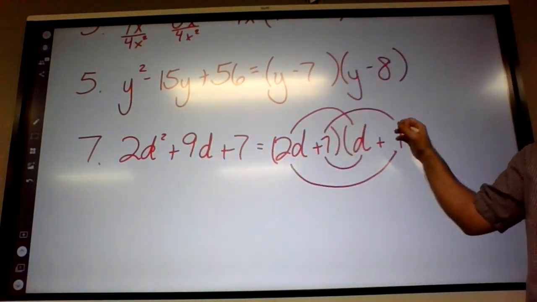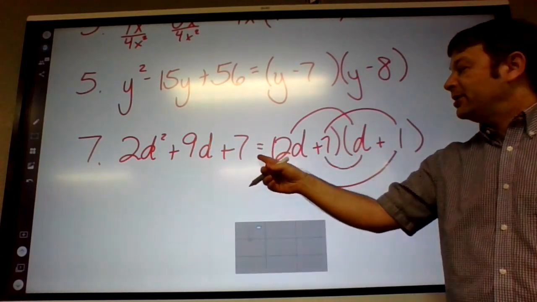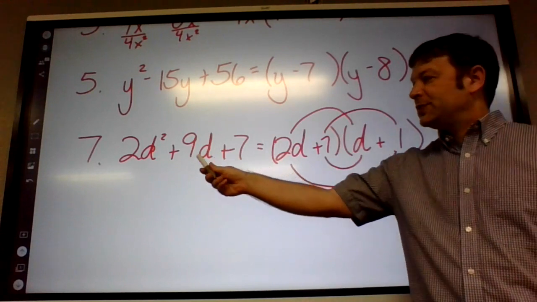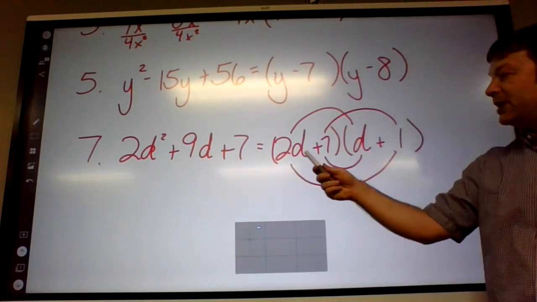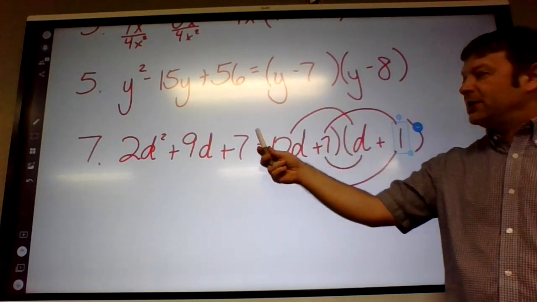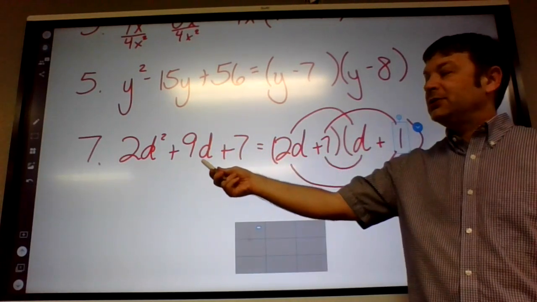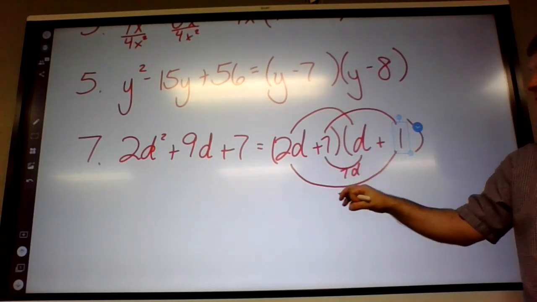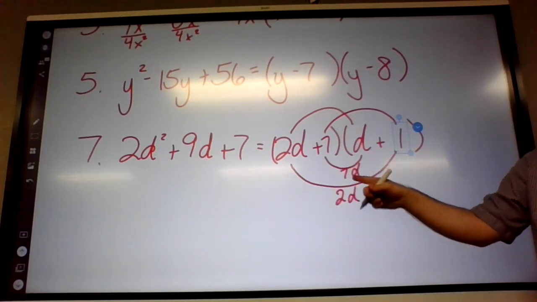And the last, we chose 7 and 1, so it'd equal that. But we need to make sure the outside and the inside give us this middle term. That's how you check. So the outside, he said, is 2d. The inside is 7d. And altogether, that adds up to 9d, which is right. So 7d and 2d add up to 9d.